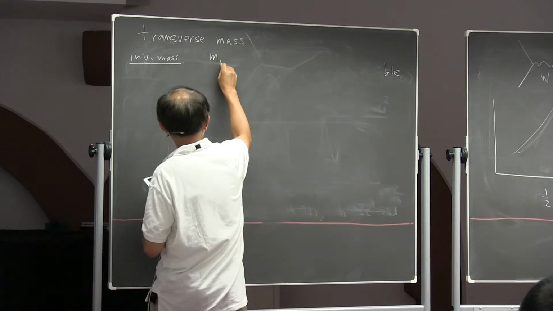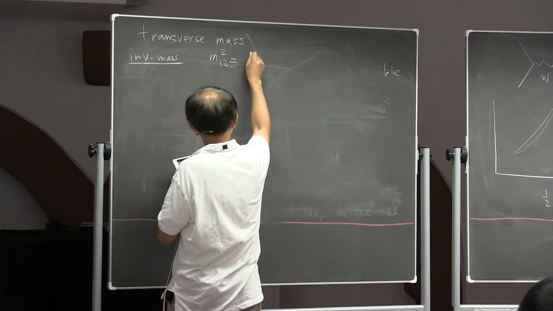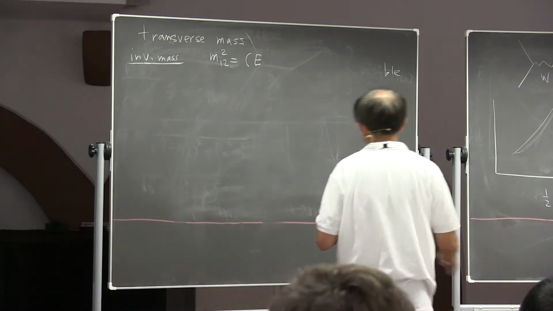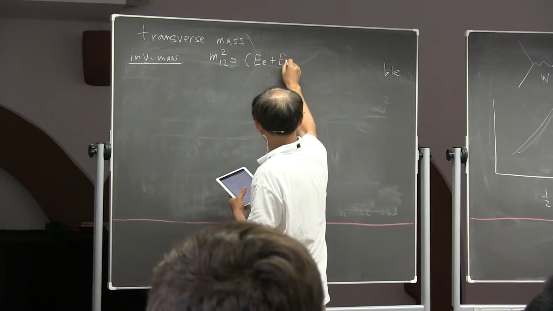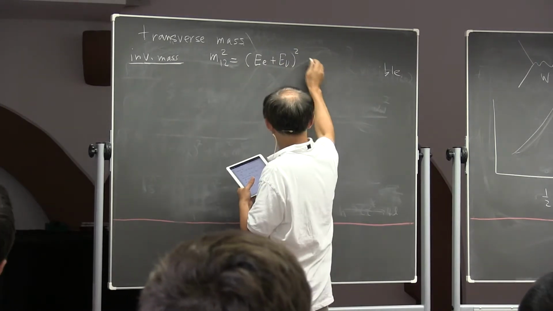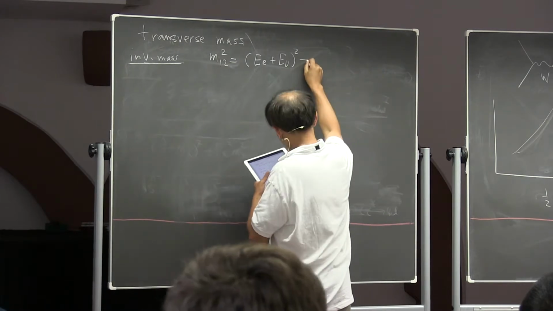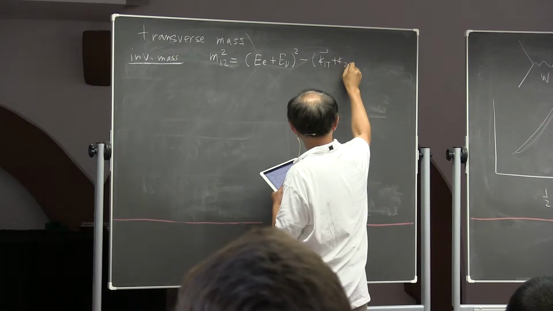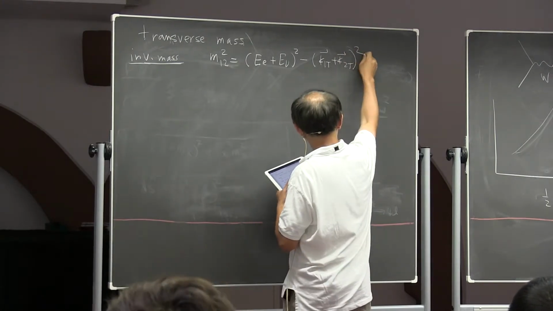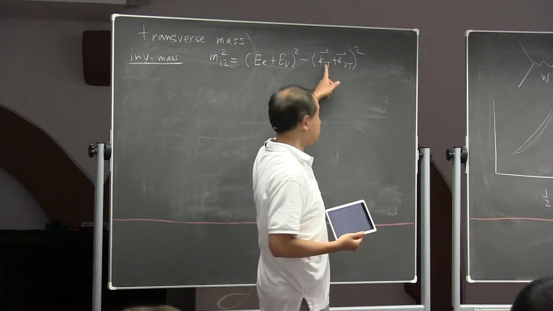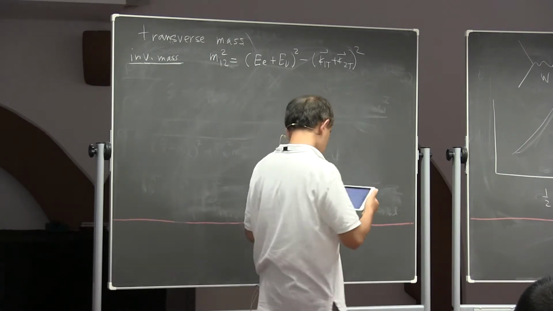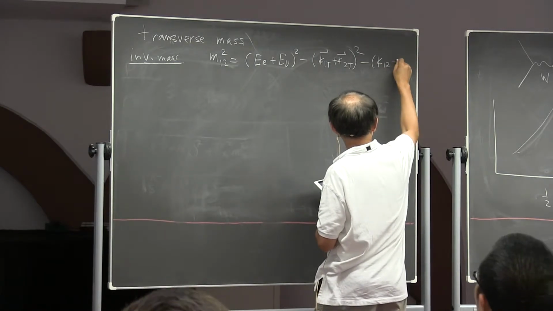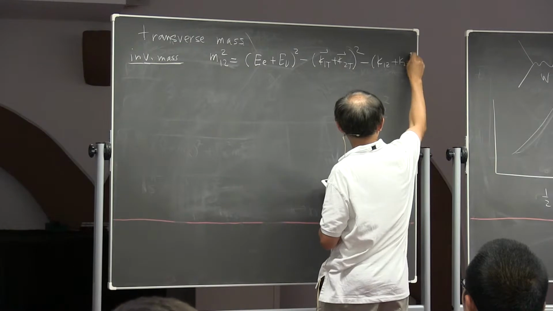M12 square is E of electron plus E of neutrino, squared, minus the quantity K1T plus K2T squared, which is the transverse momentum vector squared, minus K1Z plus K2Z squared.